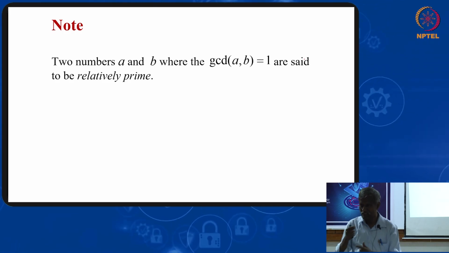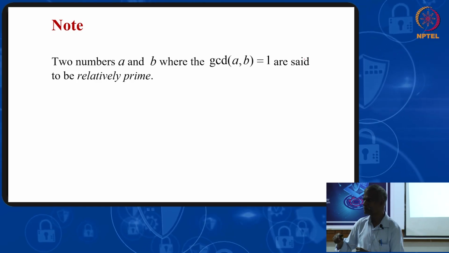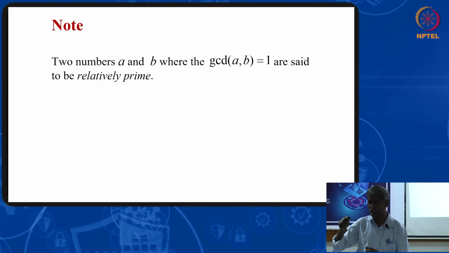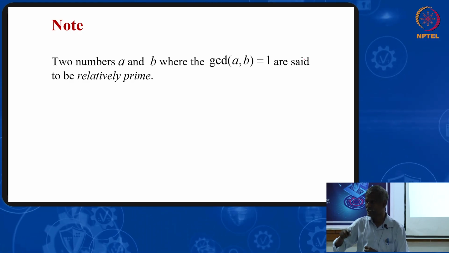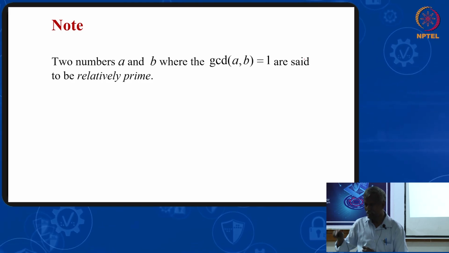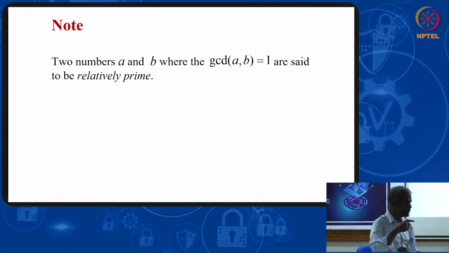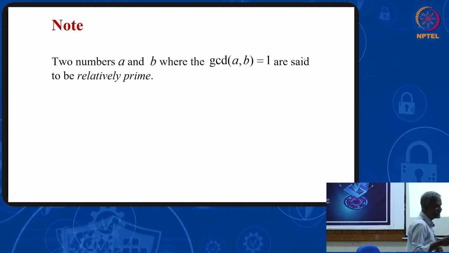But if you want to find phi of 35, how will you find it? Phi is the function that indicates the number of numbers less than n and relatively prime to n. So to find phi of 35, 35 should be expressed as a product of two prime numbers. So 35 equals 5 into 7.